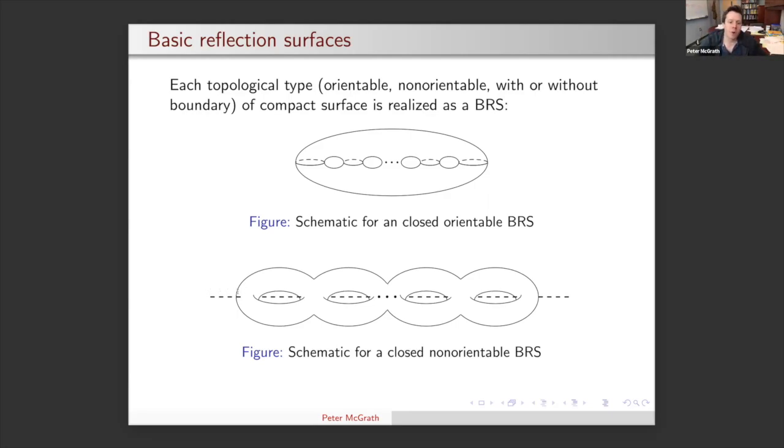So what one does is one takes a genus G surface for any G, including 0, and then starts with an involution on that surface, not a reflection to begin with, that fixes 2G plus 2 points. So like this point here, here, here, and so on and so forth.